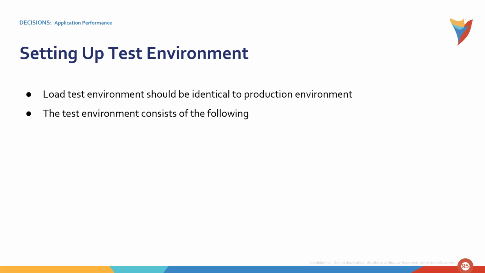Now, the test environment setup basically contains three things. One is setting up test servers. So we need the hardware for the servers, like virtual machines needs to be set up. If it is Decisions hosted, then IT ops can create these VMs for us. If it is client hosted, then the client will have to set up those servers for us.